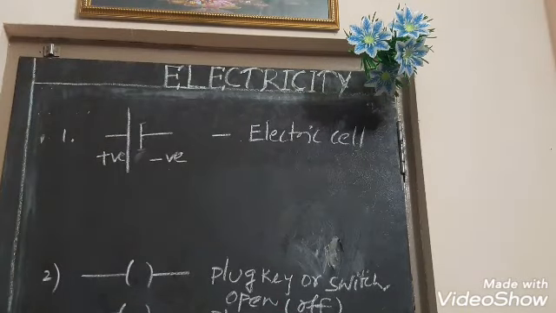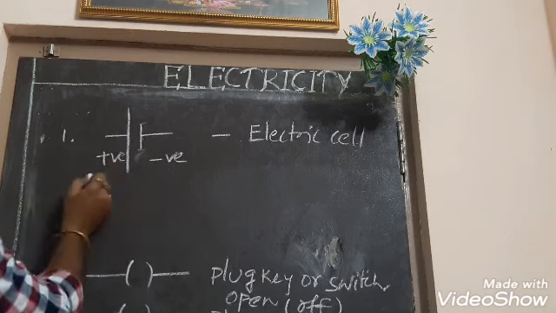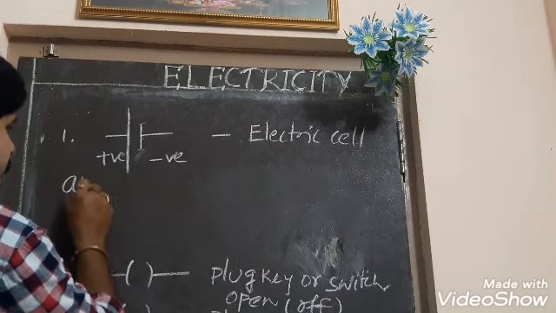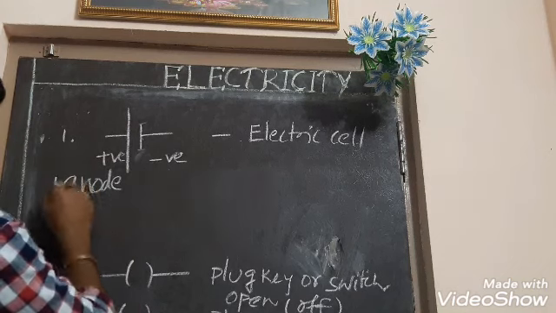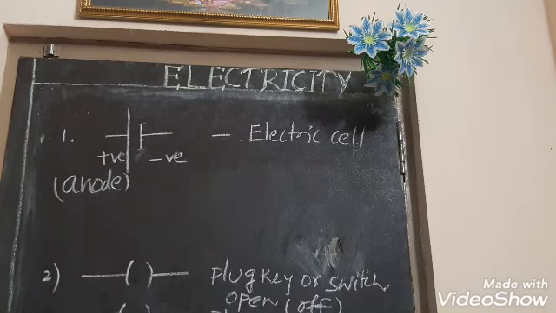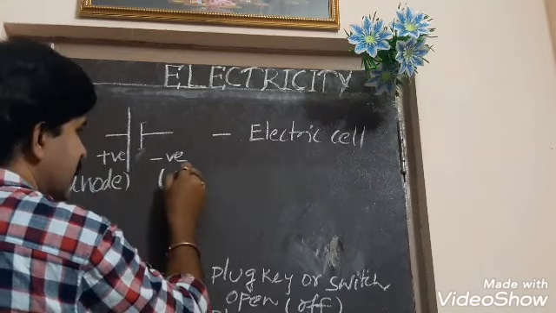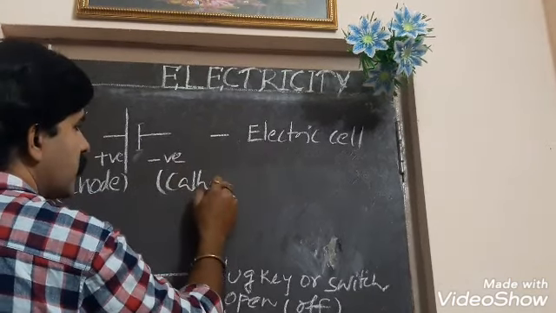Both lines are parallel to one another. Positive terminal is called anode. Negative terminal is called cathode.